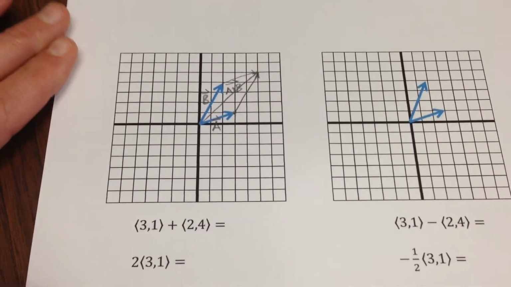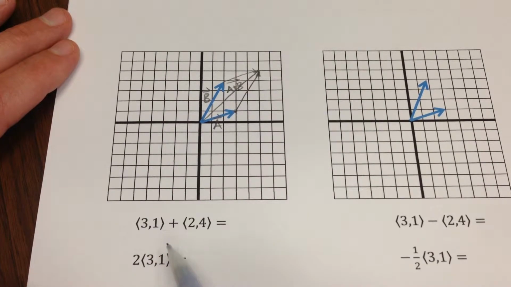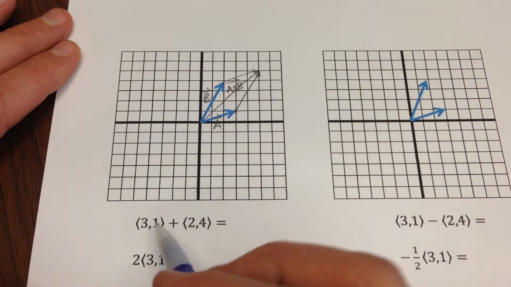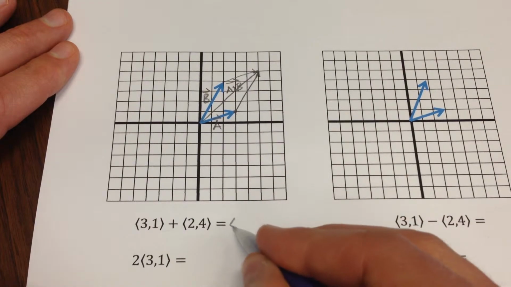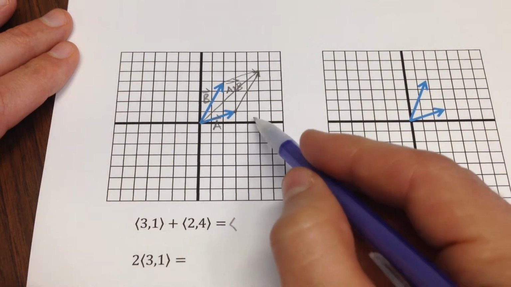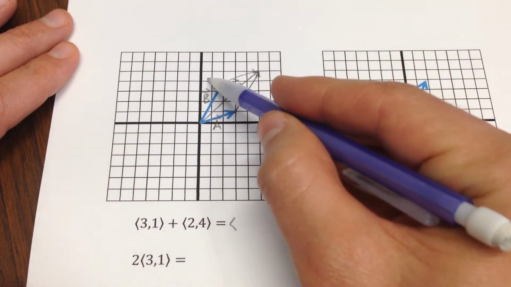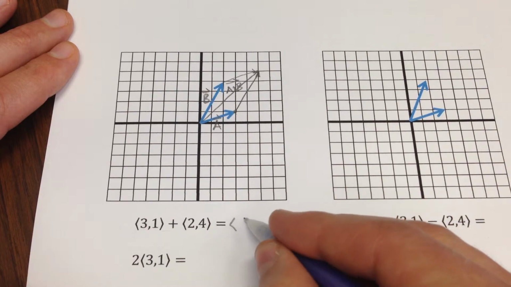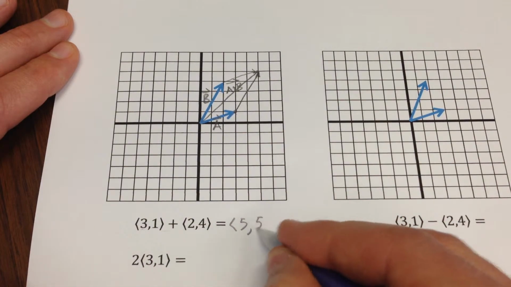You could do that using this sort of notation too. This notation assumes starting at the origin, where would you end up? Well, notice vector A would end at the point 3, 1, vector B would end at the point 2, 4. You could look at the picture and say starting at the origin you'd end at the point 5, 5, or you could say, well, I'm just adding the x directions and I'm adding the y directions and all is well.